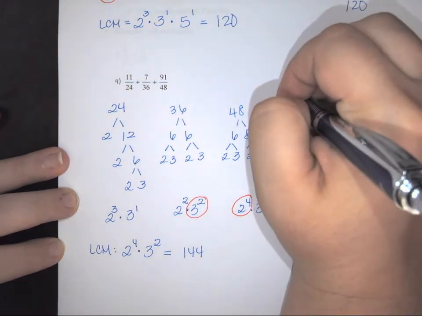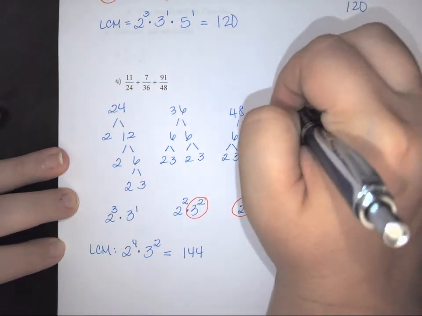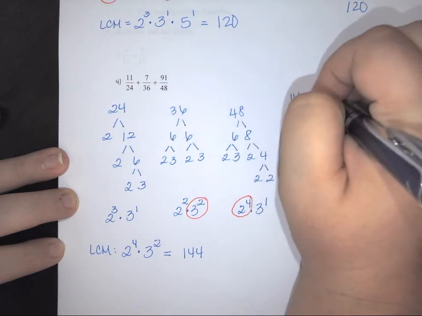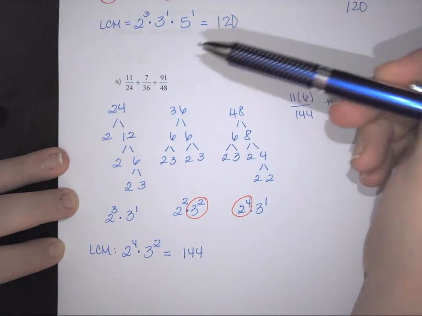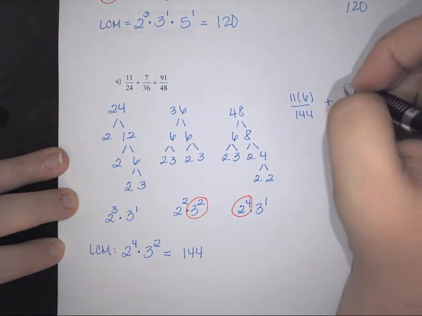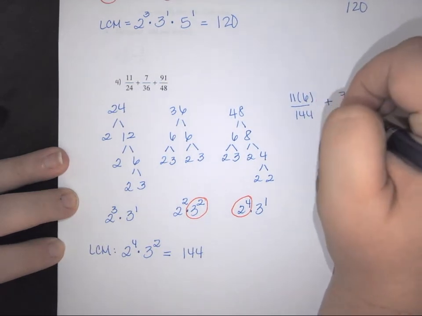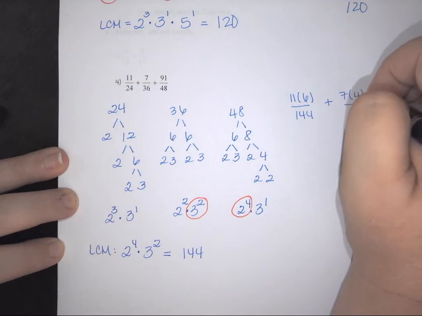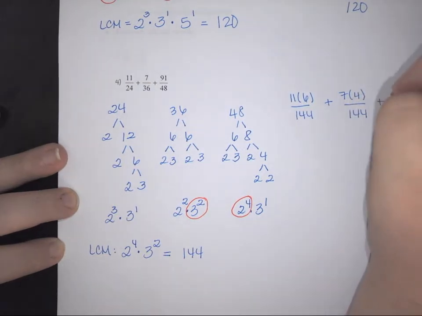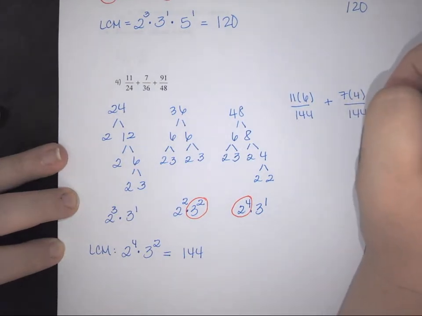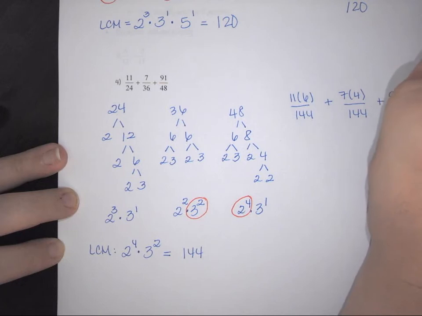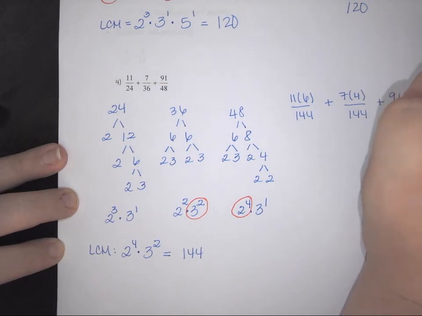So I'm going to have 11 times 6 over 144. To change 36, I multiply by 4. So this is 7 times 4 over 144. And then 48 multiplies by 3. So this is 91 times 3 over 144.